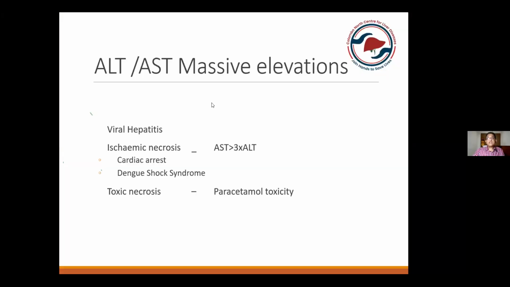So massive elevations, I told you: viral hepatitis, ischemic necrosis, cardiac arrest, dengue shock syndrome, toxics like paracetamol toxicity. So these are the reasons for massive elevation of liver enzymes, and these type of elevations we do not see in autoimmune hepatitis, NASH, alcoholic hepatitis, and even other illnesses like hemochromatosis, Wilson's, and so on.